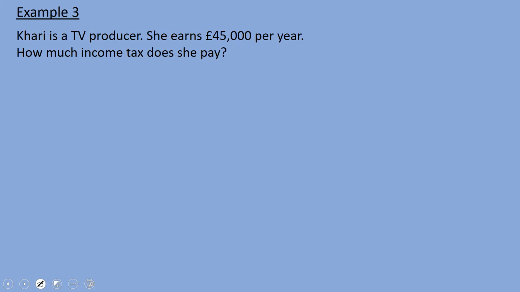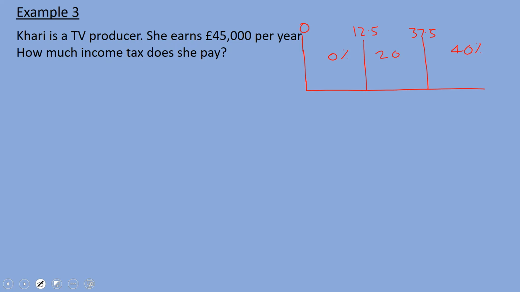So let's look at our third example now. We're looking at Kari, who is a television producer. I'm going to draw our line again. So we've got 0 here, 12.5 here. We're paying 0% in this section, 37.5, paying 20% in this section, and this section here we're paying 40%.